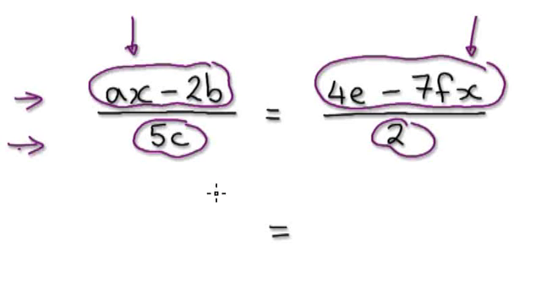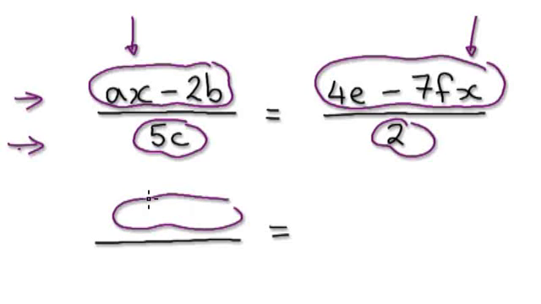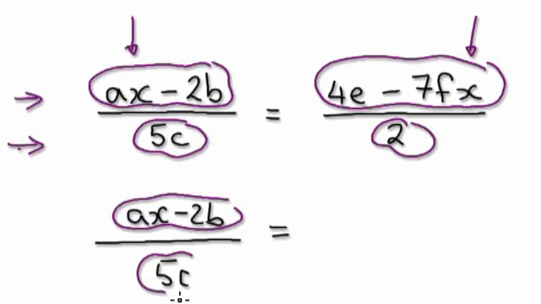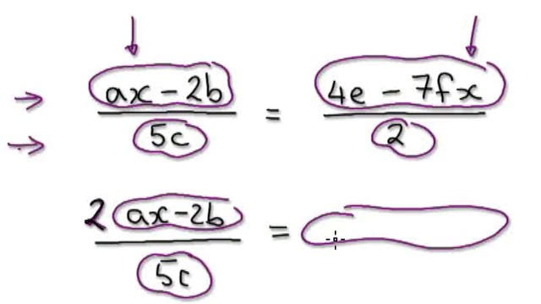So on this side here, you will have that bubble. So it will be ax minus 2b, and down here you have 5c. So when you times 2, it gets multiplied to the top. So the 2 goes here. And then over here you will have just what's inside that bubble there, 4e minus 7fx.